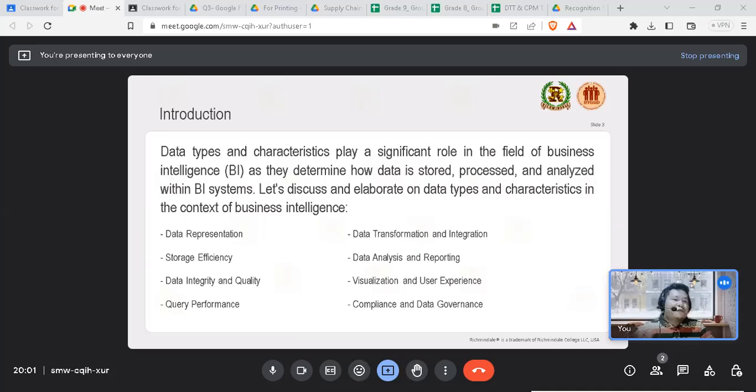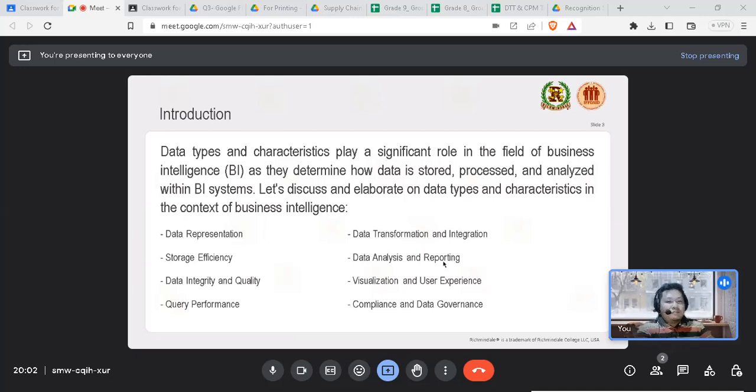Different data types have specific characteristics that impact calculations, aggregations, and statistical operations. For example, using appropriate numeric data types ensures accurate calculations and avoids potential rounding errors. That's the example.